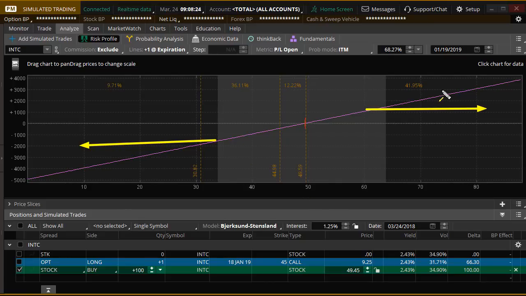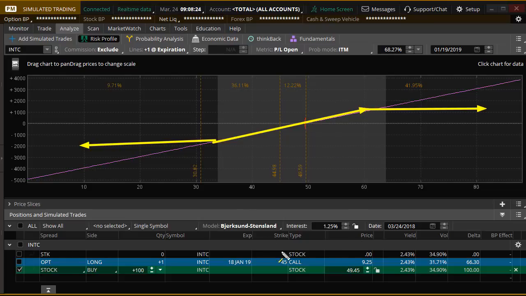Now, if you notice right here, if we were to draw a line in between, what did we just draw? We drew the P&L graph of a debit spread. We drew the P&L graph of a calendar spread.